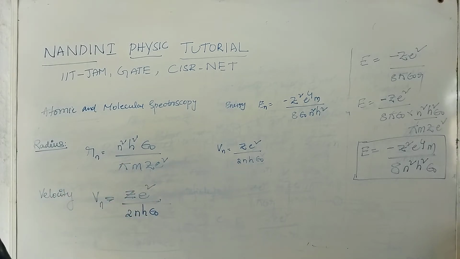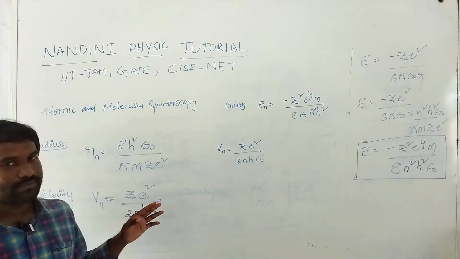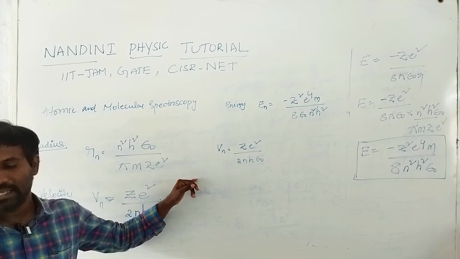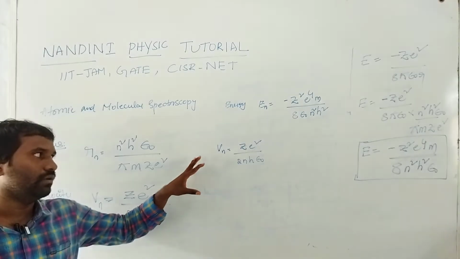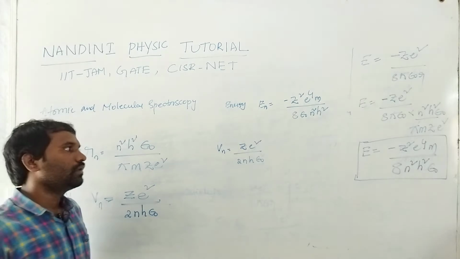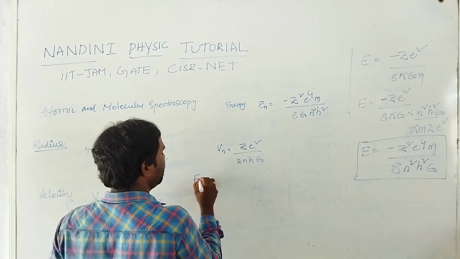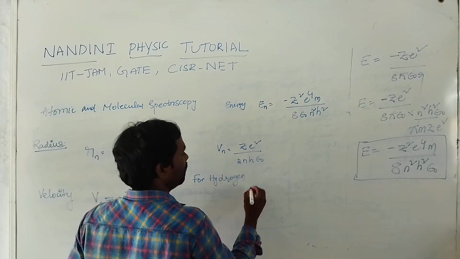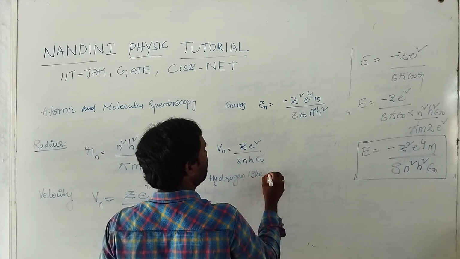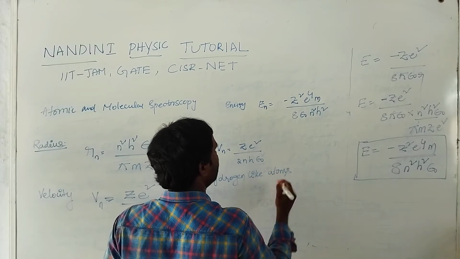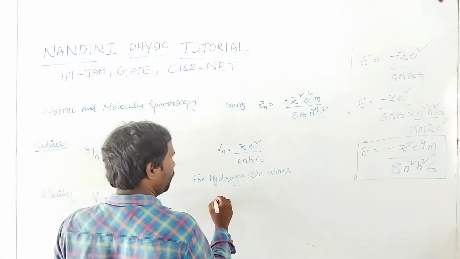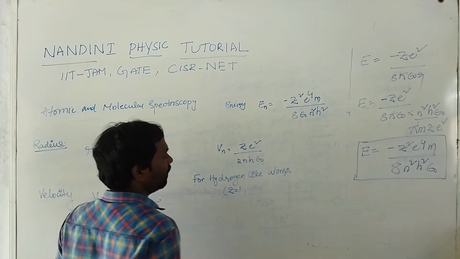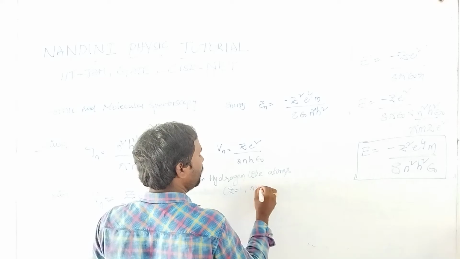First of all, for hydrogen like atoms, what is the Z value? It is 1, and for the first state, n is equal to 1. So for hydrogen like atom, Z is equal to 1 and n is equal to 1.